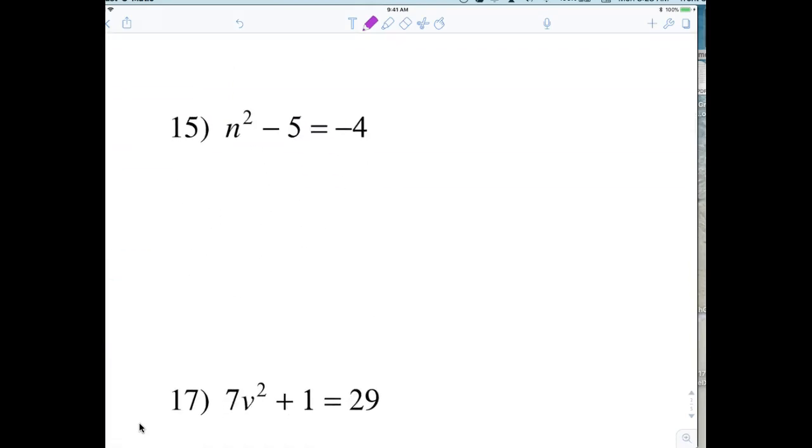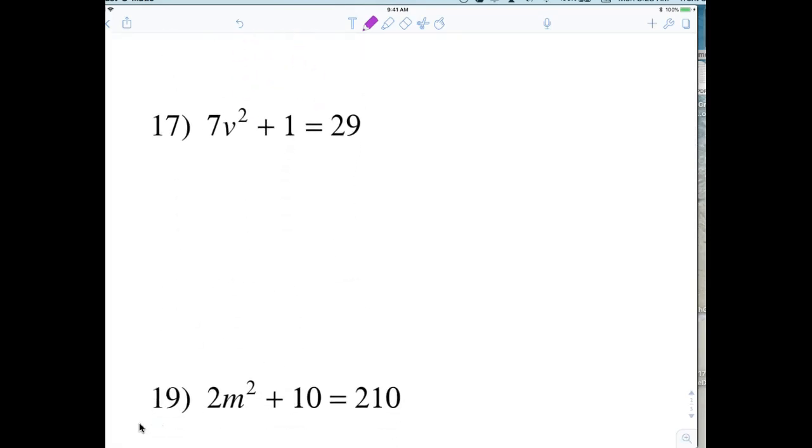All right, here we go. So 15, n squared equals 1. So n is equal to plus or minus 1. All right, 17. 7v squared equals what?